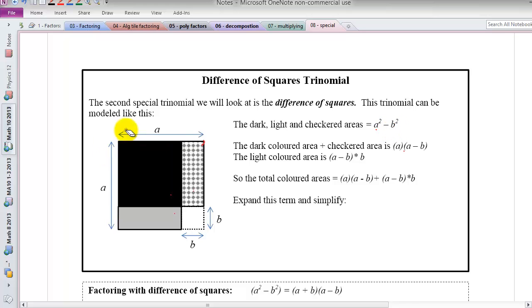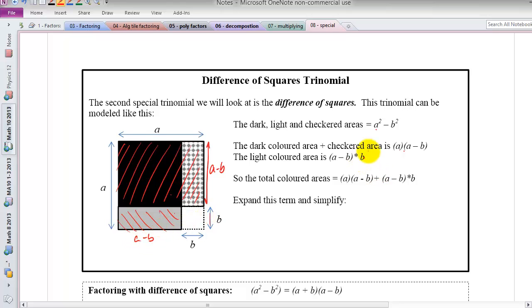We can also think of it in terms of something else. If we take this area here, we get a times (a - b). So that's this, a times (a - b). And then the light colored area, that's b times (a - b).